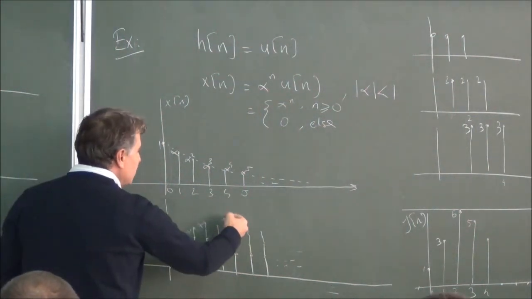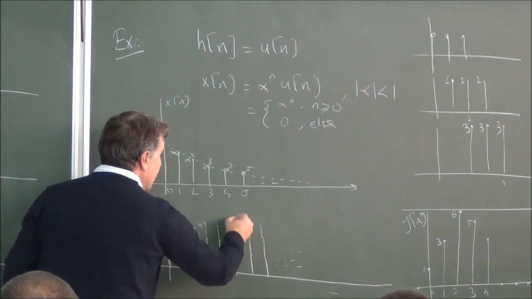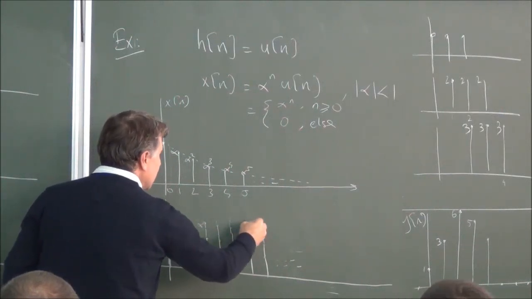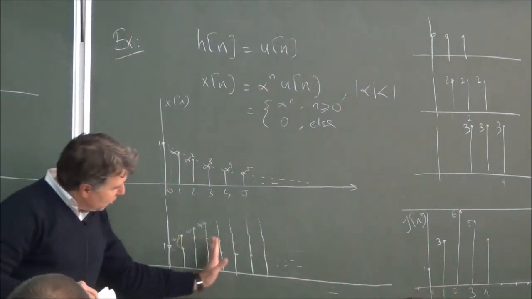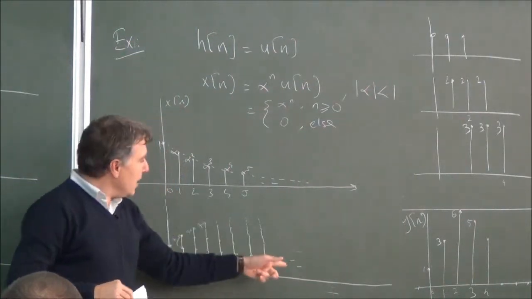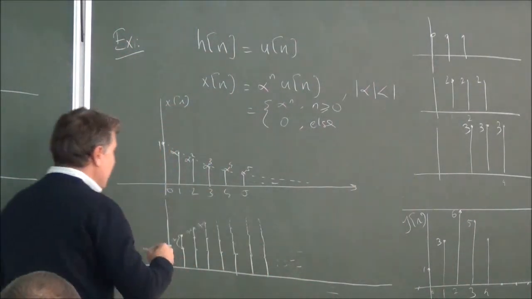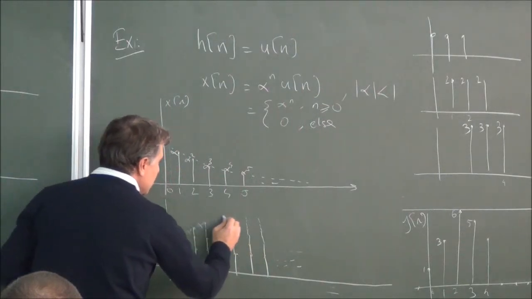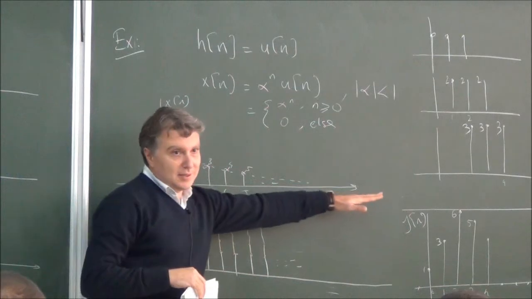Then will be alpha to the 4, then alpha to the 5, then alpha to the 6, then alpha to the 7, etc. As you see, as you go along here, more and more alpha to the power terms will be added on top of it. And this is also an exponential curve which has a limit value.